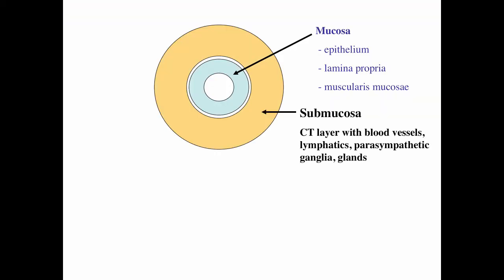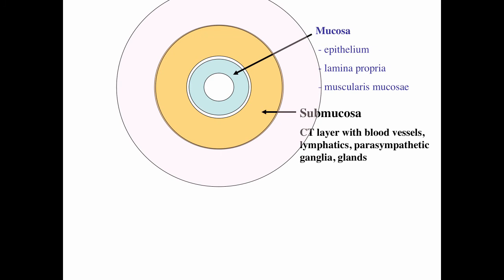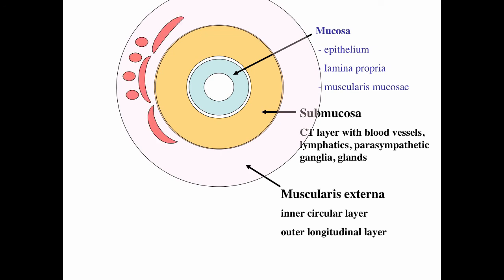Moving on, we've got the mucosa. Then there's the submucosa. It's a connective tissue layer with blood vessels, lymphatics, maybe parasympathetic ganglion. Sometimes there are glands in the submucosa. And then there's a layer that's the muscularis externa. And I've drawn it this way, trying to highlight the inner circular and outer longitudinal layer, and it's usually smooth muscle, although it can vary a little bit depending on where we are in the GI tract.